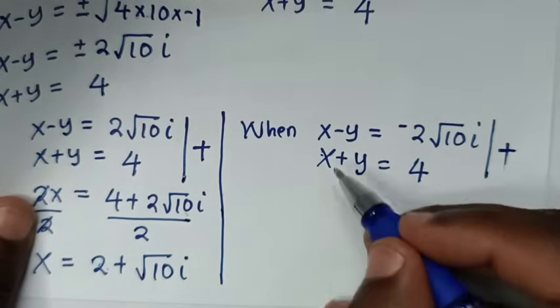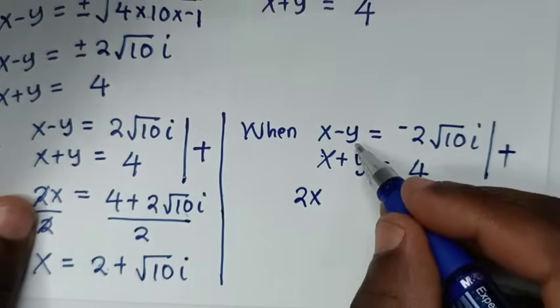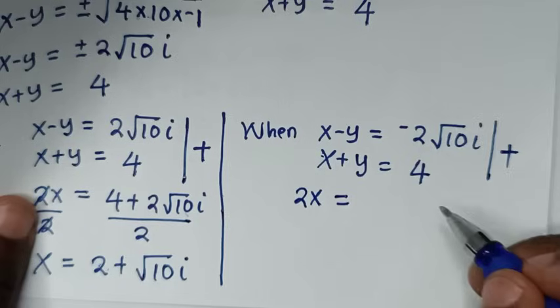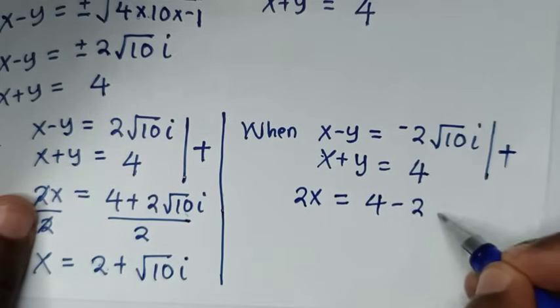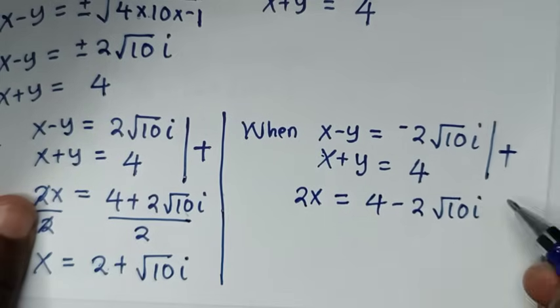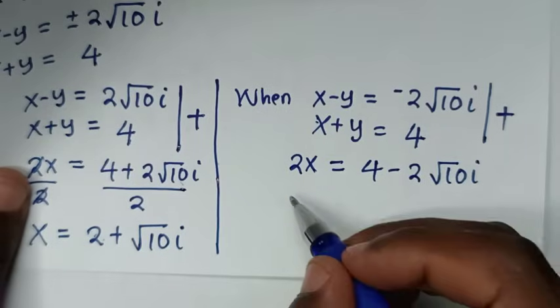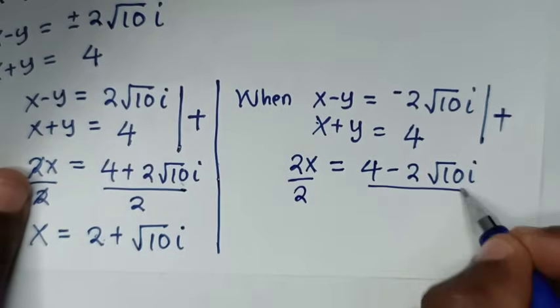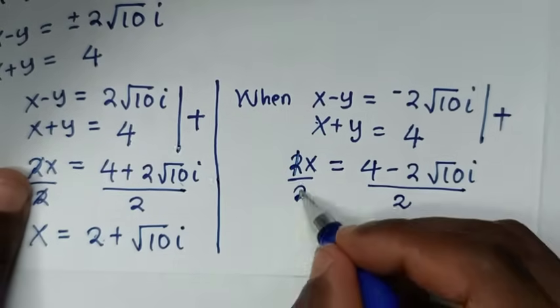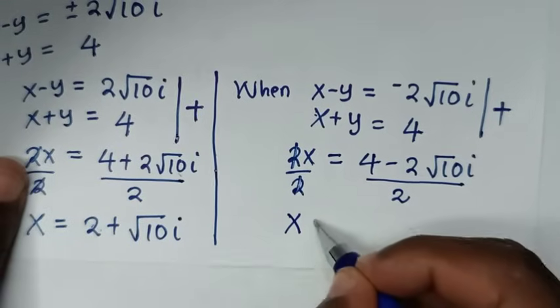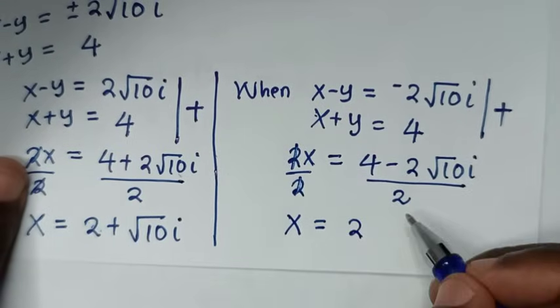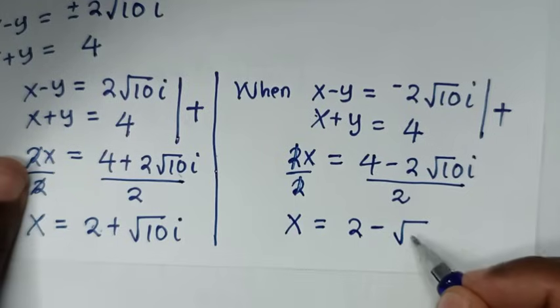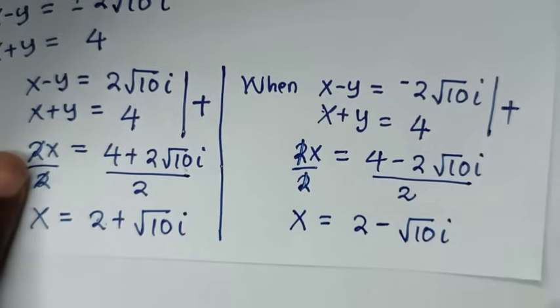Then this plus this is 2x, this plus this is 0, is equal to this plus this, which is 4 minus 2 square root of 10i. Then we divide by 2 on both sides, so this and this will cancel, then x is equal to this divided by this is 2, this divided by this is minus square root of 10i.